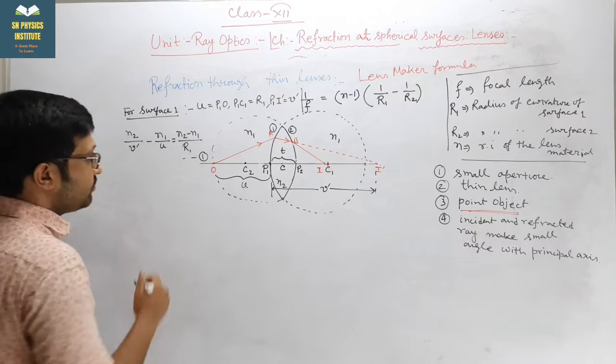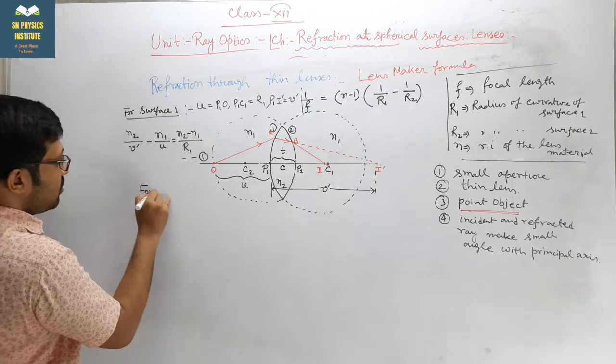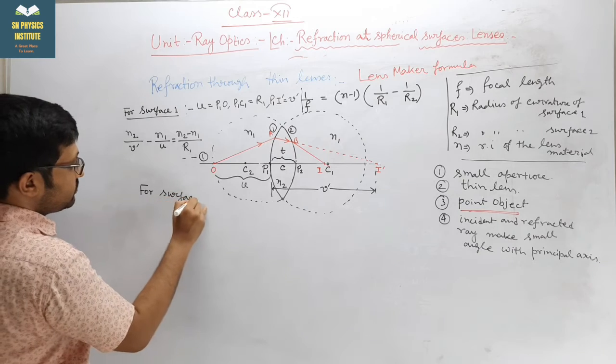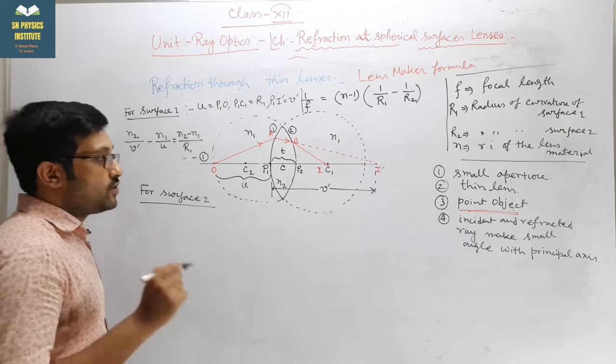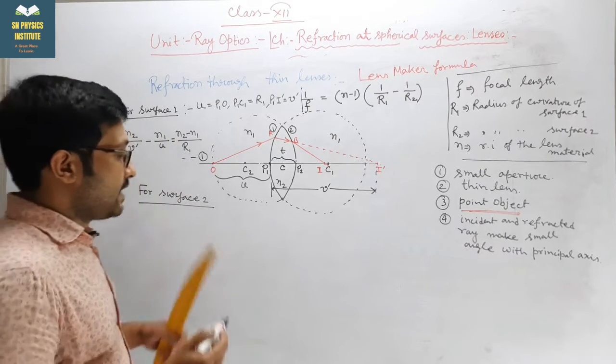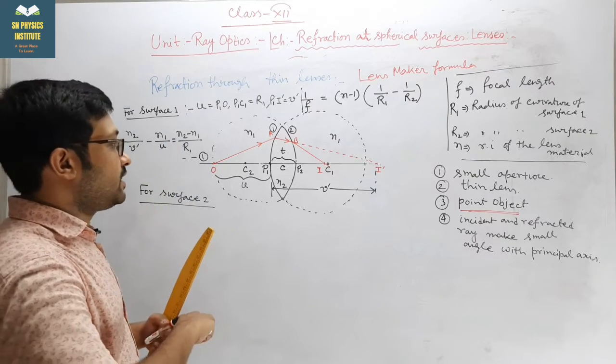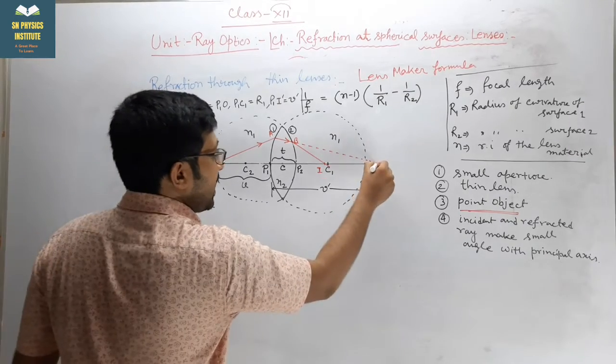Now for surface 2, what is the object distance? For the second surface your object will be I prime.